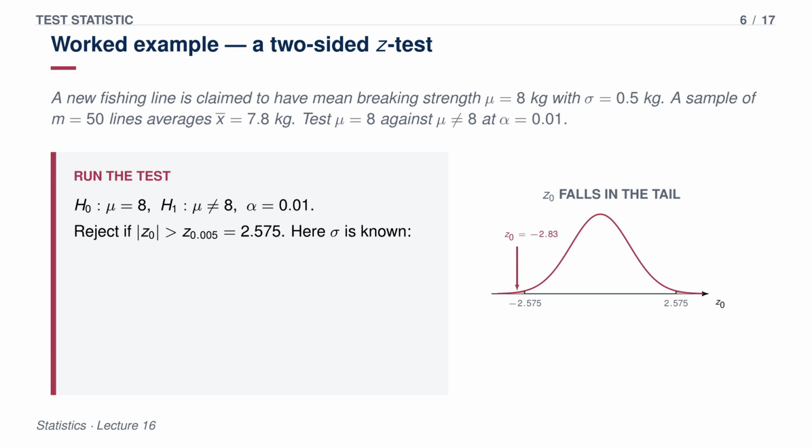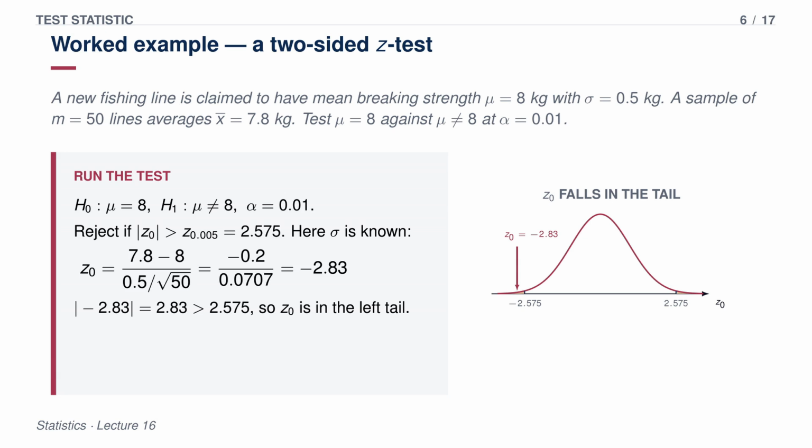A new fishing line is claimed to have mean breaking strength 8 kilograms, with sigma a known half kilogram. 50 lines average 7.8. Test 8 against not 8 at alpha of 0.01. So we reject if the absolute value of z-naught beats 2.575.